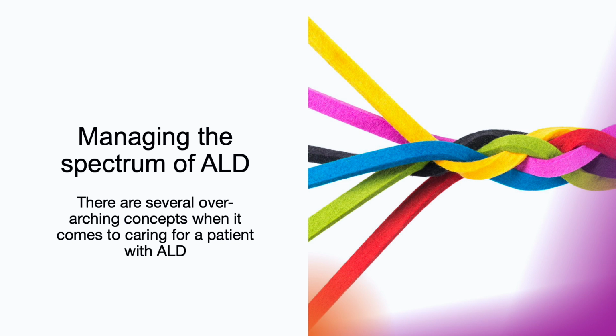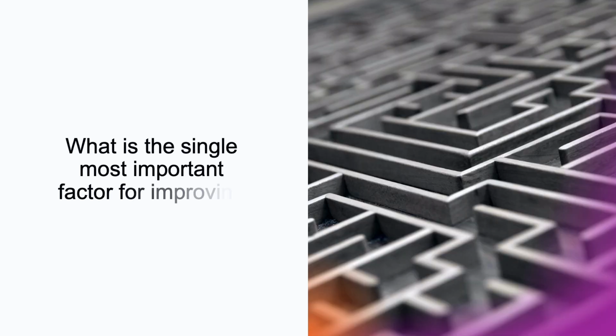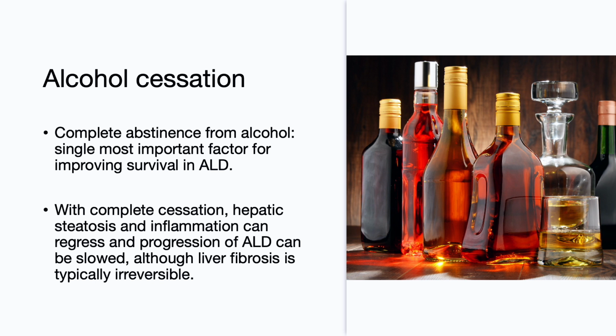There are several overarching concepts when it comes to caring for a patient with alcohol liver disease. What do you think is the single most important factor for improving survival in alcohol-related liver disease? It's alcohol cessation.